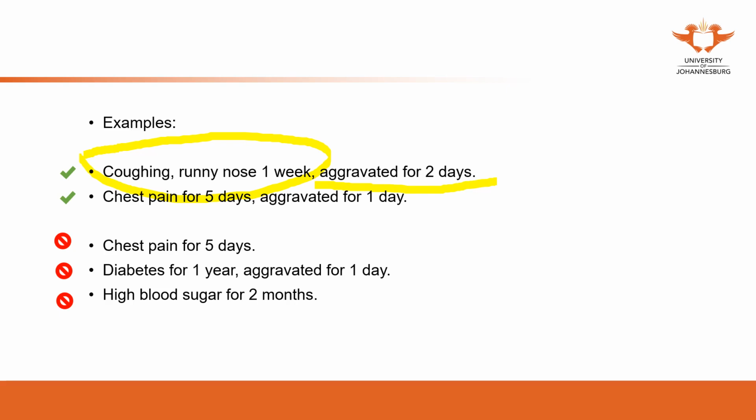Although I didn't see the patient, from this sentence I understand what happened to the patient. One week ago, the patient had a cough and a runny nose, and 2 days ago, the symptoms aggravated. That's why he came to me now, right? The second sentence, chest pain for 5 days, aggravated for 1 day.